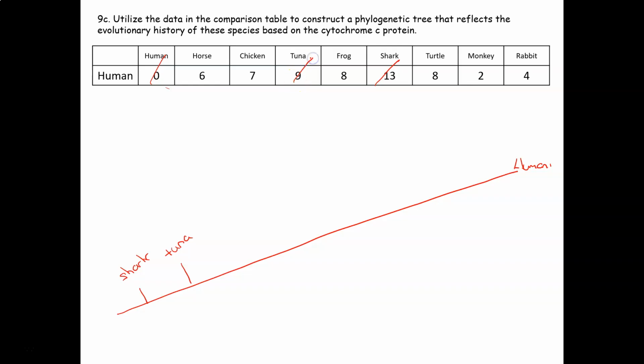Okay. Next number is 8, but check it out. I've got a frog and a turtle with both having 8 differences. So what does that tell you? Remember, that means they've got to be branching off of the same branch. So they branch off of each other, but come off the main line together. So that's going to include my frog and my turtle. All right. Next biggest number is the chicken with 7.